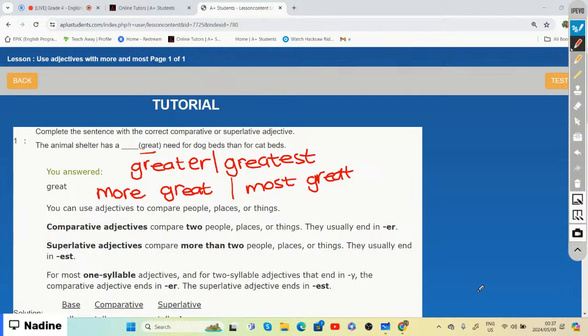All right, if we were to select the correct one, we will say that the animal shelter has a greater need for dog beds than for cat beds. So well done. Greater is correct.